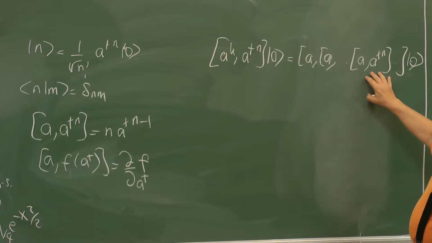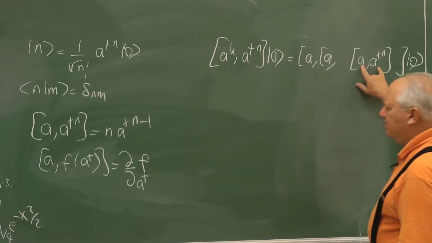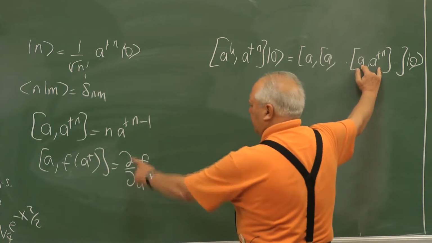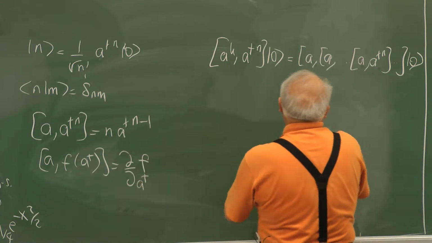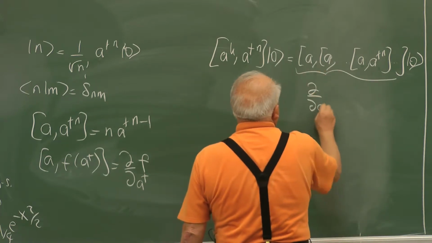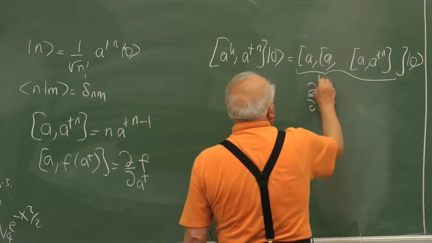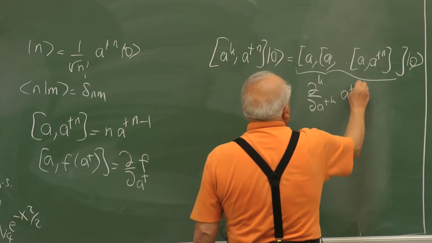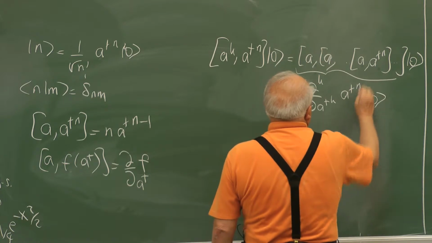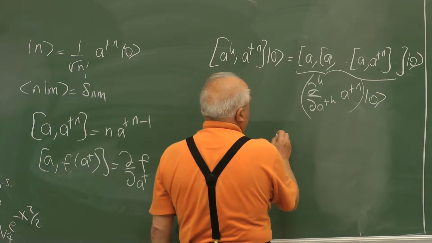We can even write this much more simply because every commutator is of this form. That means this is the k-th derivative with respect to a dagger of a dagger to the n, acting on |0>. So just take this k-th derivative.